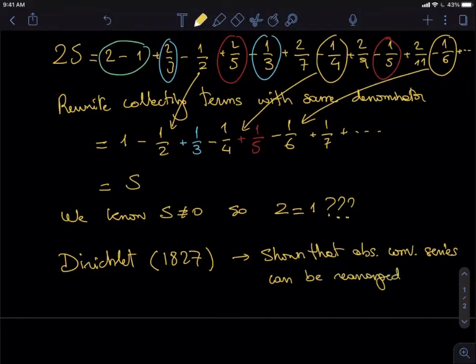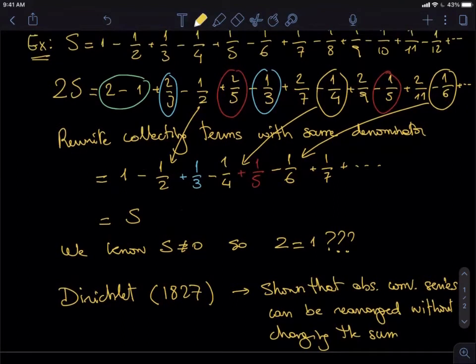So it can be rearranged without changing the sum. Obviously, here I already told you what's the problem in the argument, okay? The problem is multiplying by 2 is okay, no problem. The problem is that we have rearranged the terms of the series.